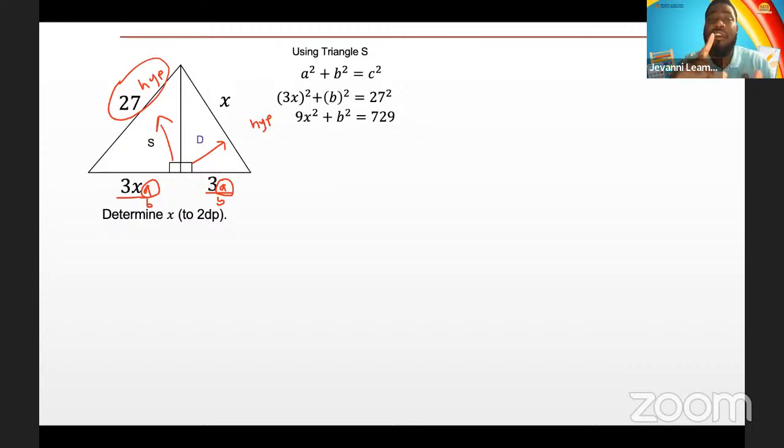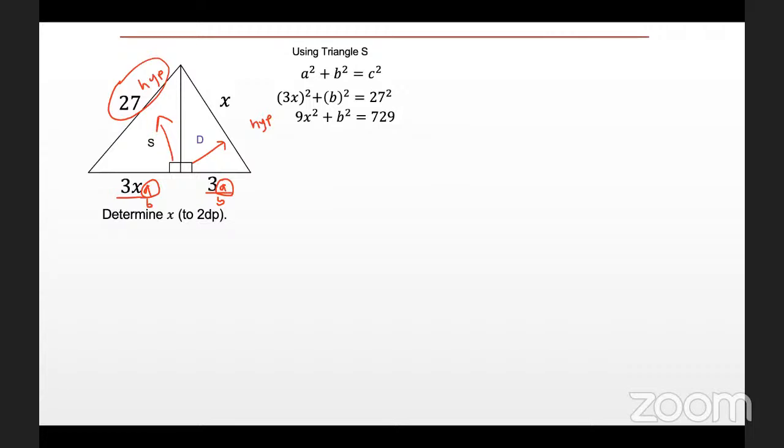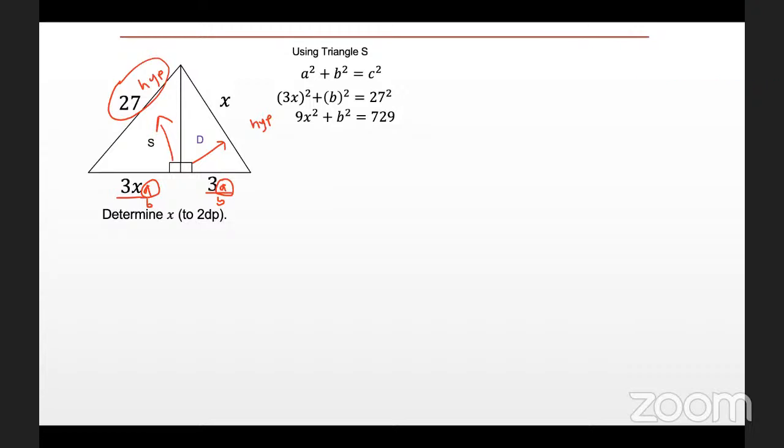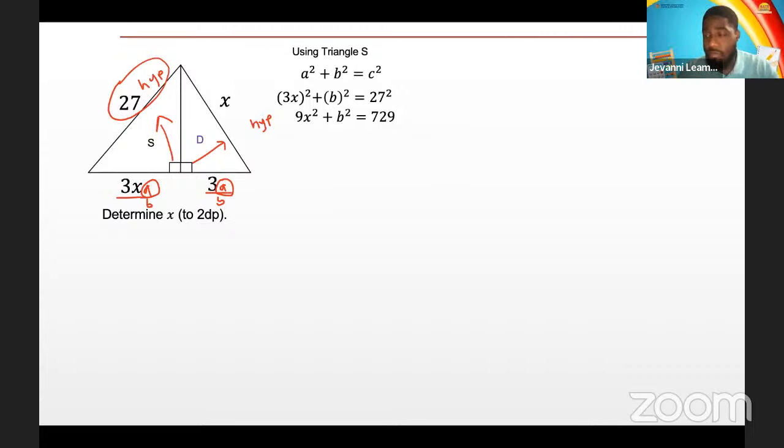You don't want that 9x squared to be right there anymore. You want just B squared on one side, right? So what do I need to do? You're going to carry over. Right, you're going to subtract 9x squared on both sides, and then simplify it a bit, and then we get that equation.